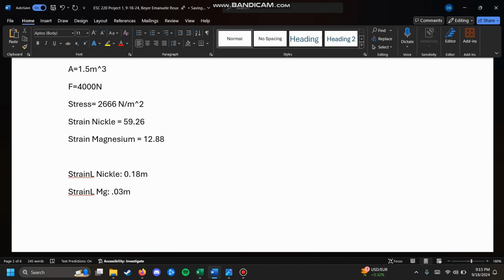For the width, we just multiply by the original width, since the radius is 0.2 meters, it'd be 0.4 because 2 times radius is diameter. And we could find the change in width of nickel. That came to be around 0.07. And the change in width of magnesium came around 0.01.